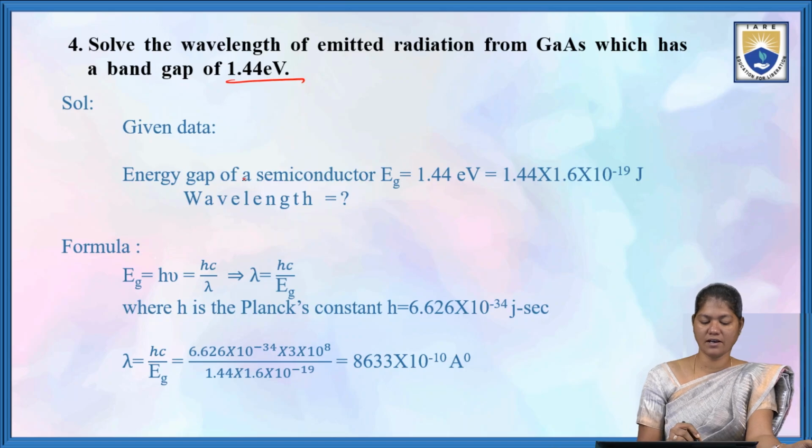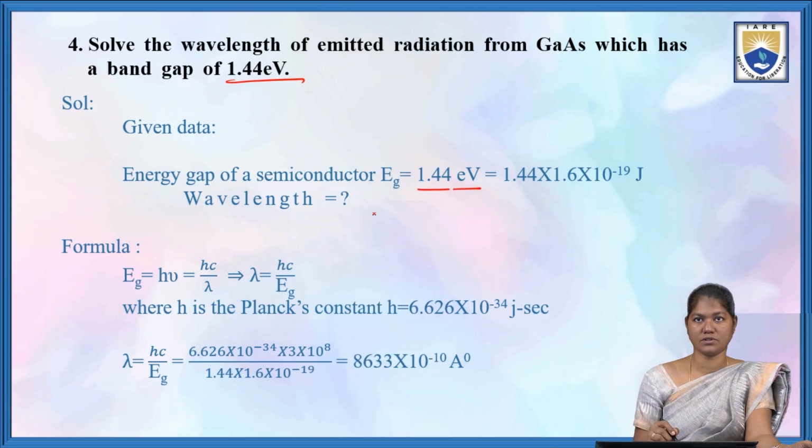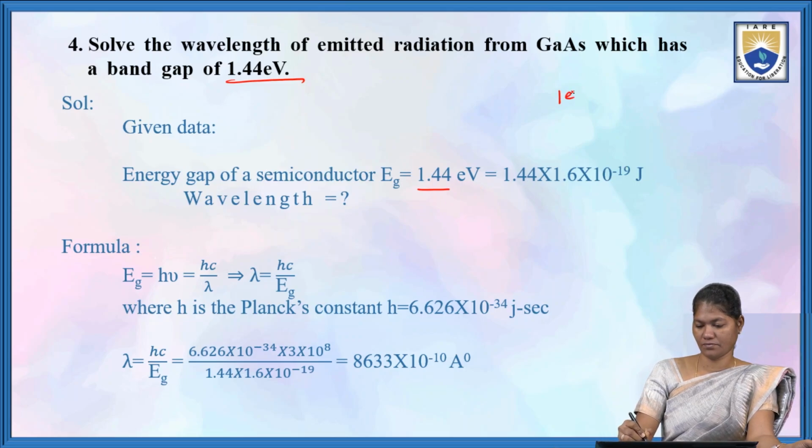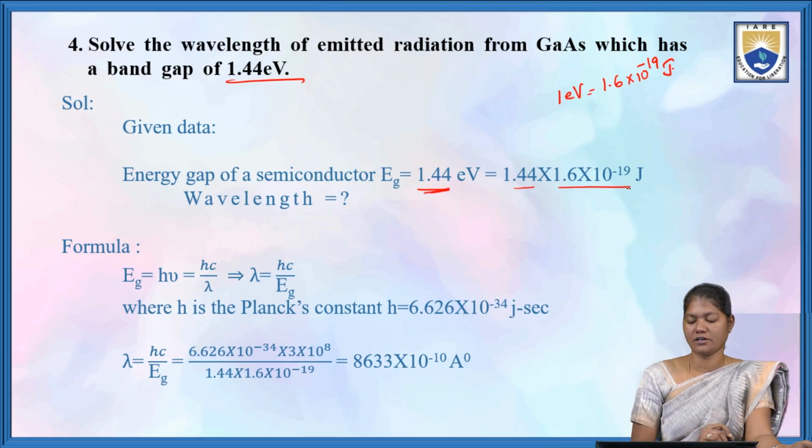So the given data is the energy gap of gallium arsenide, Eg is equal to 1.44 electron volts. 1 electron volt is equal to 1.6 into 10 power minus 19 joules. Converting into joules, it is 1.44 into 1.6 into 10 power minus 19 joules.